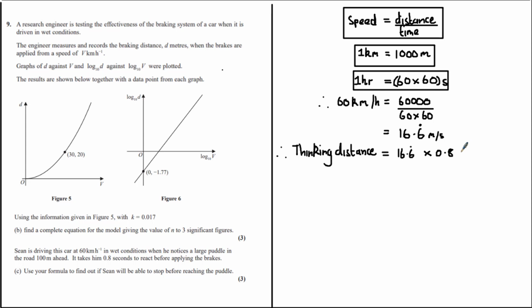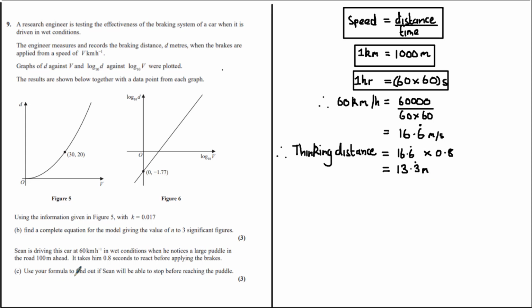And just again a note on the units, if we were to multiply the units of meters per second for this value by the units of seconds for this value, you would get cancelling of the seconds, leaving you with just meters, and then you know you've done the right calculations. Okay. And so working this out in our calculator, we would get that the thinking distance is equal to 13.3 recurring meters. So now let's work out the braking distance.